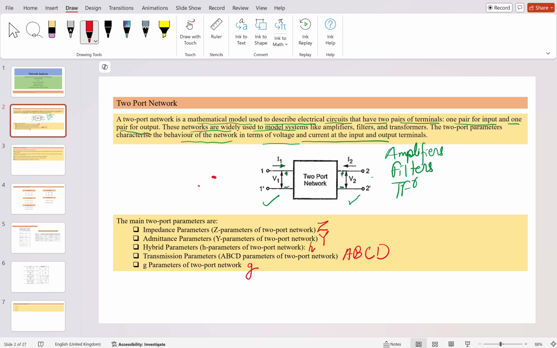So the two-port parameters are mainly Z, Y, H, ABCD, and G. These are the five parameters, which you have to see in terms of the input voltage, input current, and the output current.